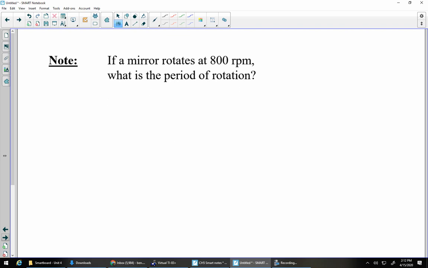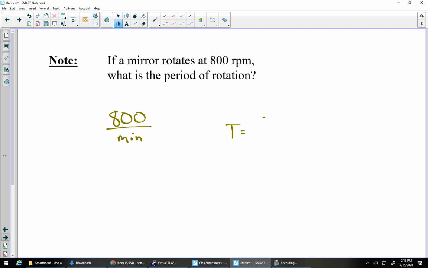Cool. Okay, a bit of review stuff here. If a mirror rotates at 800 RPMs, what is its period of rotation? So remember 800 RPMs, that's rotations per minute. So I would write that out as 800 rotations per minute. Now, the period is my total time divided by the number of cycles.